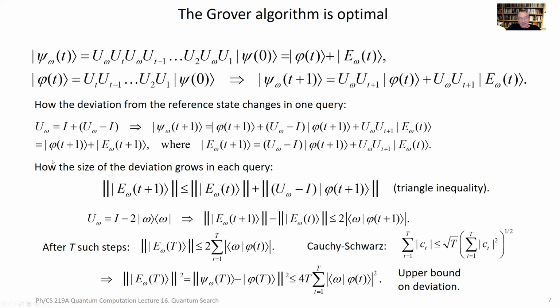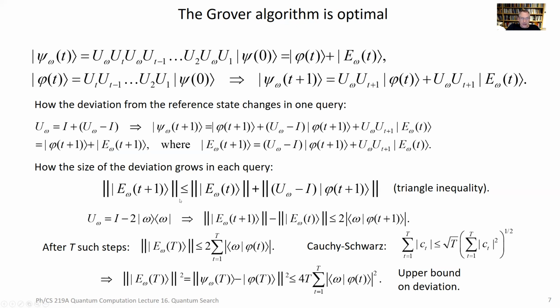Okay. Now at this point, let's remember what the queries do. What unitary u omega is. It's this guy. It's identity minus 2 projection onto omega. It changes the phase of omega. It doesn't do anything to the states orthogonal to omega. But here I have u omega minus identity, so that's just, except for this minus sign, twice the projection onto omega.